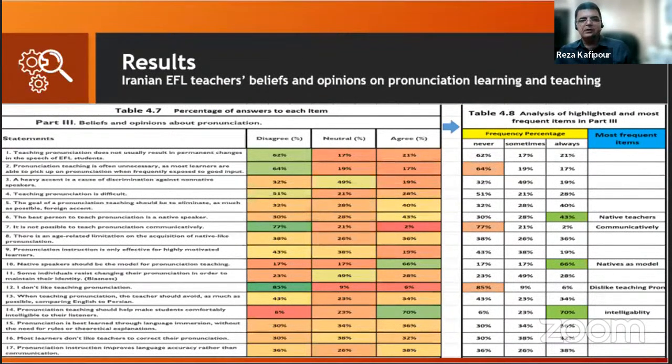The next part refers to Iranian EFL teachers' beliefs and opinions about pronunciation learning and teaching. 17 items of the questionnaire provided some statements regarding beliefs and opinions on pronunciation, and asked teachers to express their level of agreement with these items, which are all summarized in this table.